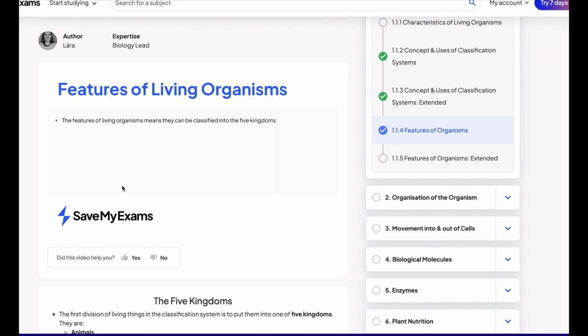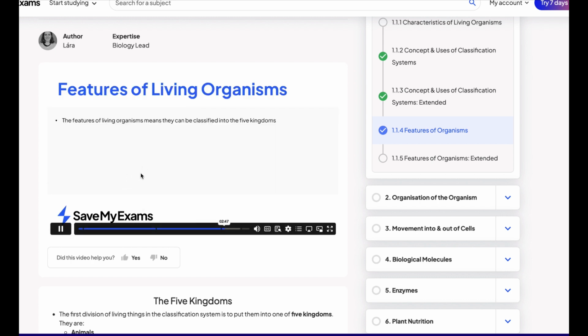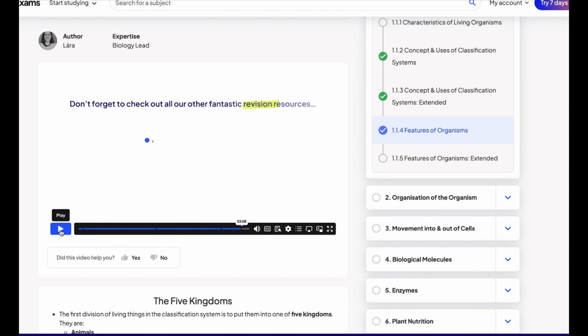In summary, the features that living organisms have can help us classify them into one of the 5 kingdoms. You need to know the features that help us classify organisms within the different vertebrate groups, and also the invertebrate group of arthropods. Extended students, you also need to know the main features for all the 5 kingdoms. Don't forget to check out.